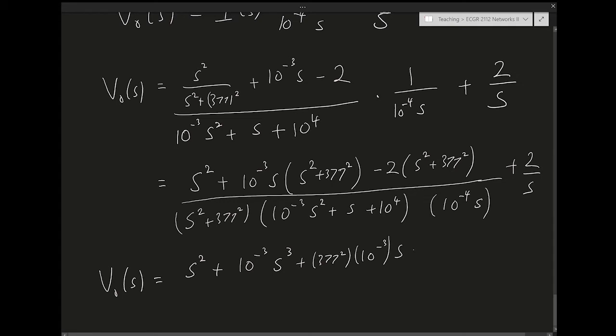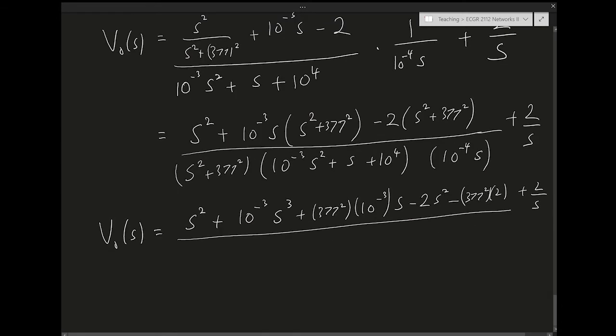And then minus 2 s squared minus 377 squared times 2 plus 2 over s, right? Divided over, let's try to simplify a bit. Let me take the 10 to the minus 4 in.